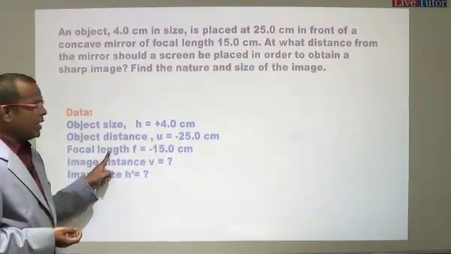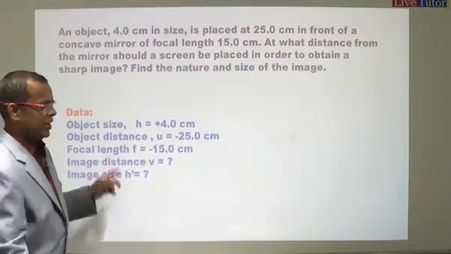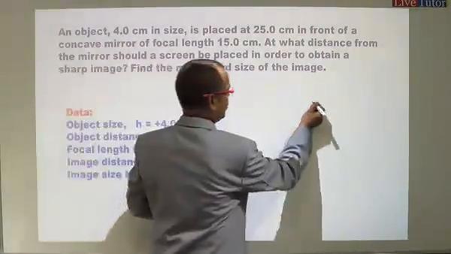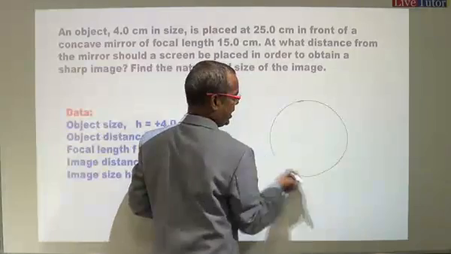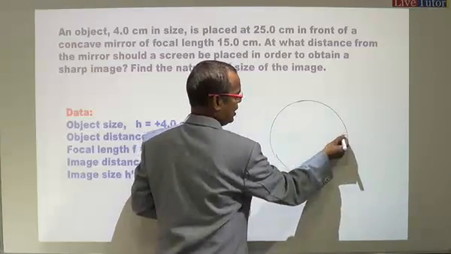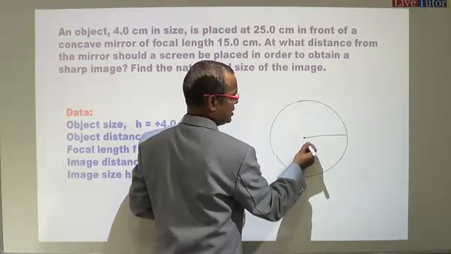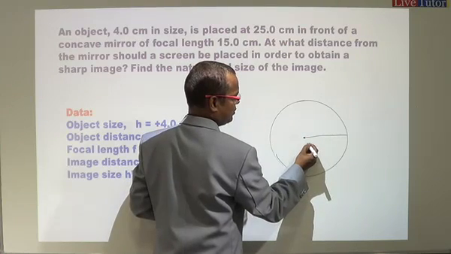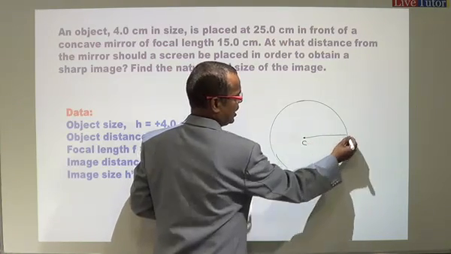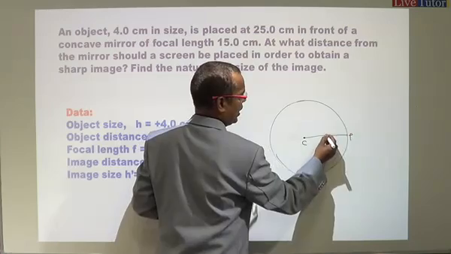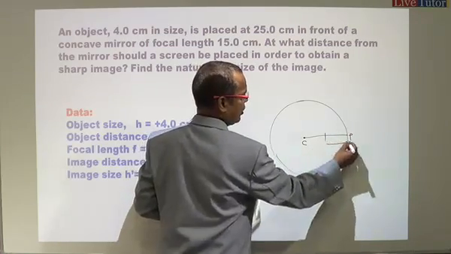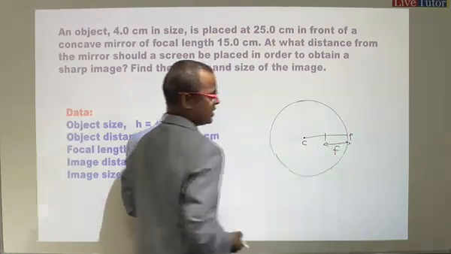And similarly, focal length is also minus because, as I already told you earlier, for a concave mirror, this is the center of curvature, and this is the pole, and half of this is the focal length. This is f usually, isn't it?